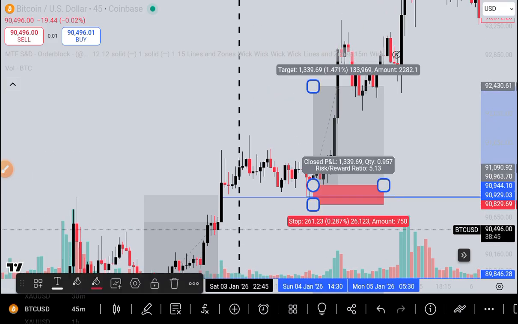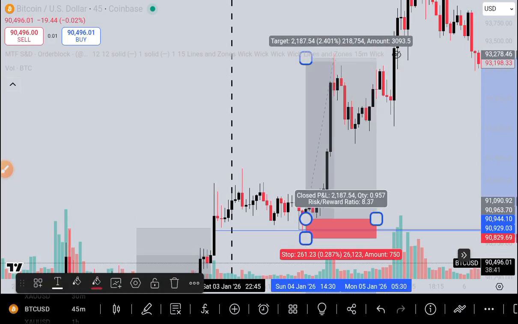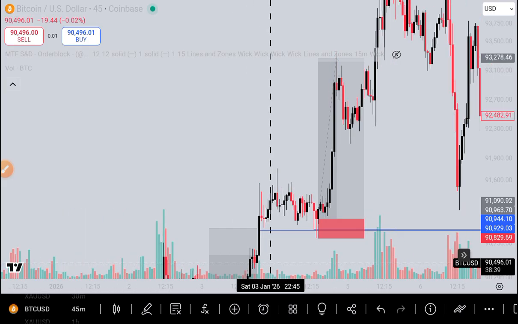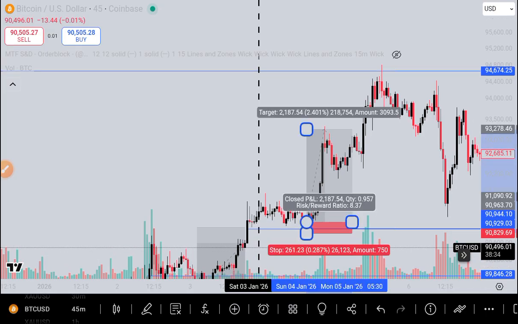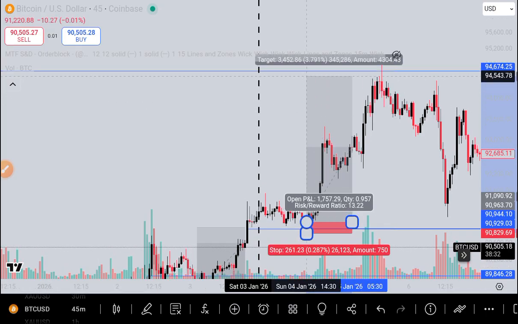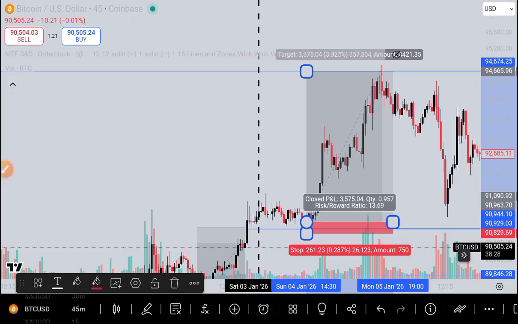You can extend it to our main target, which is the weekly target, and then you have yourself 13R clean.